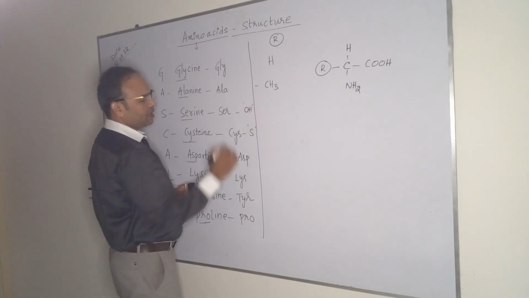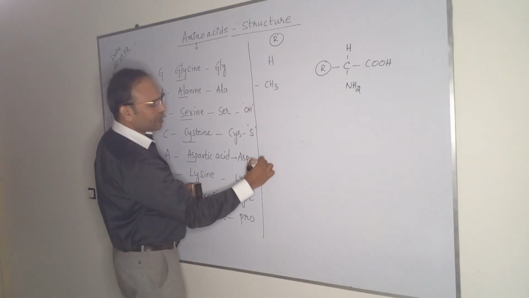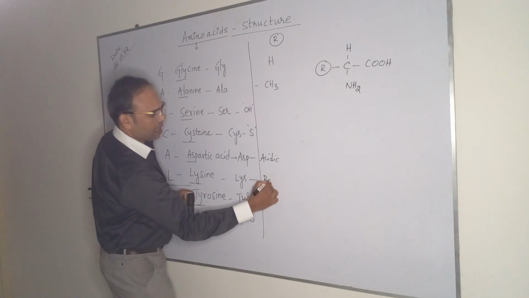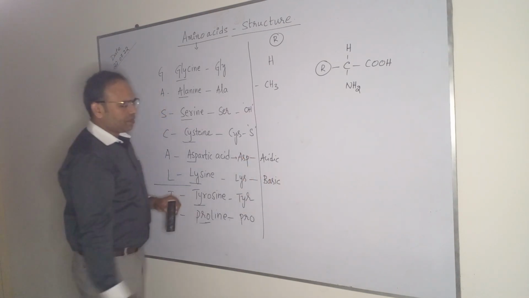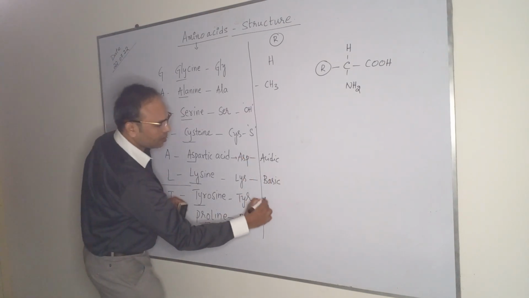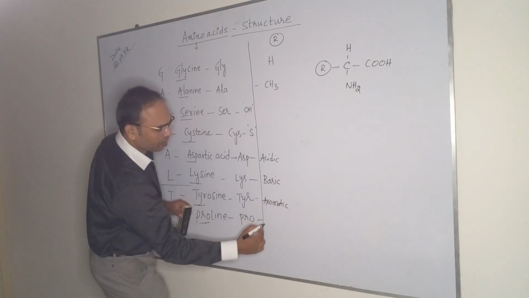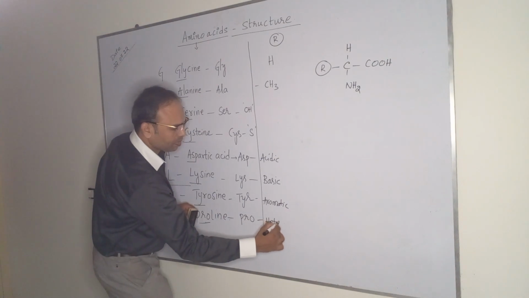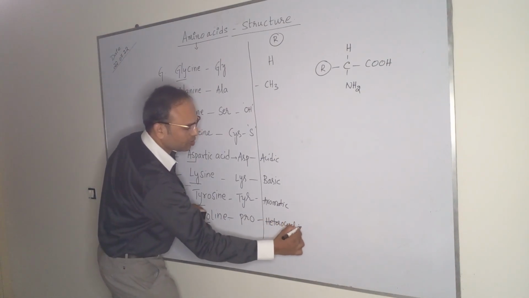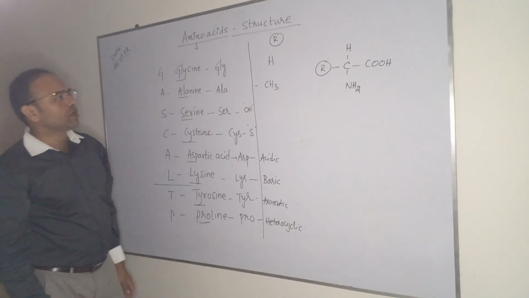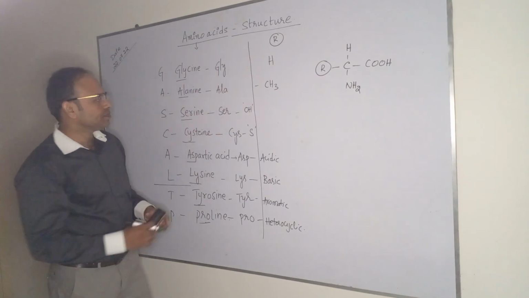This is a sulfur containing amino acid, and aspartic acid is an acidic amino acid. Lysine, basic amino acid. Tyrosine, aromatic amino acid. Proline, heterocyclic amino acid. So if you write like this, it is easy for us to write what is R.